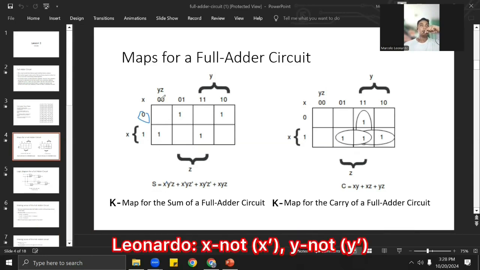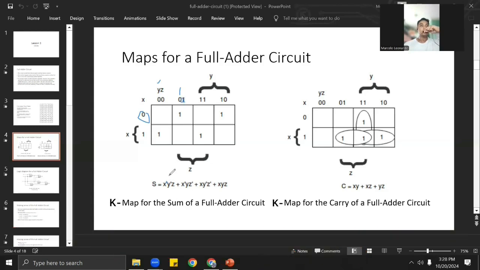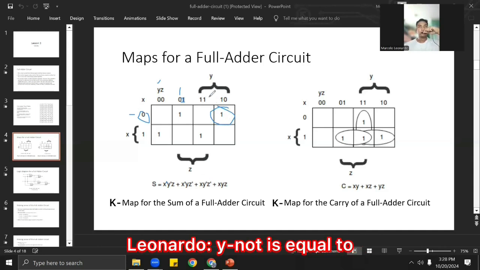X not, then y is equal to 0. So y not, z, kasi siya yung nag-hold ng 1. So x not, y not, z plus x not, y.